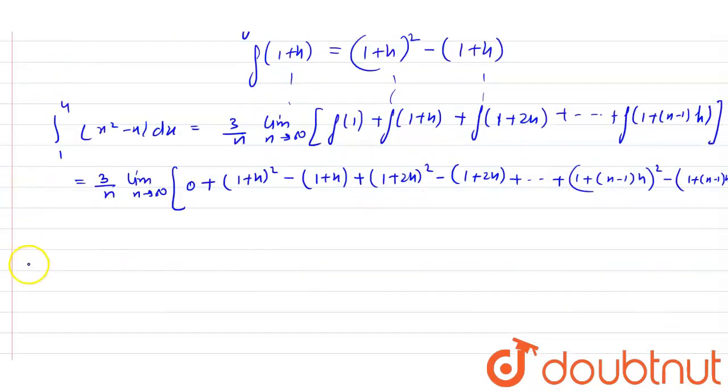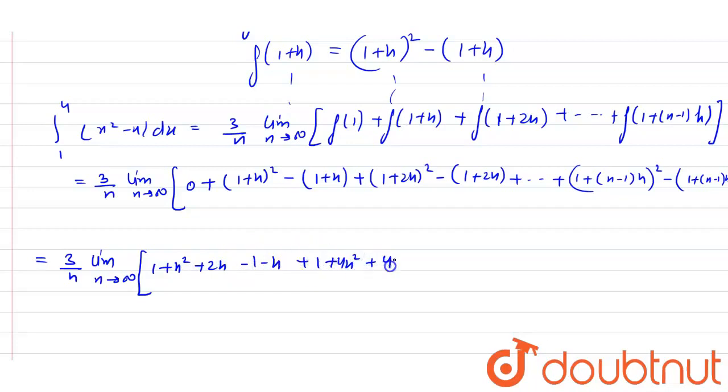Okay. So we can write this is equal to 3 by n, limit n tends to infinity. Now 0 plus 1 plus h whole square, which is a square plus b square plus 2ab. So we use that identity here. So we can write 1 plus h square plus 2h minus 1 minus h plus 1 plus 4h square plus 4h.